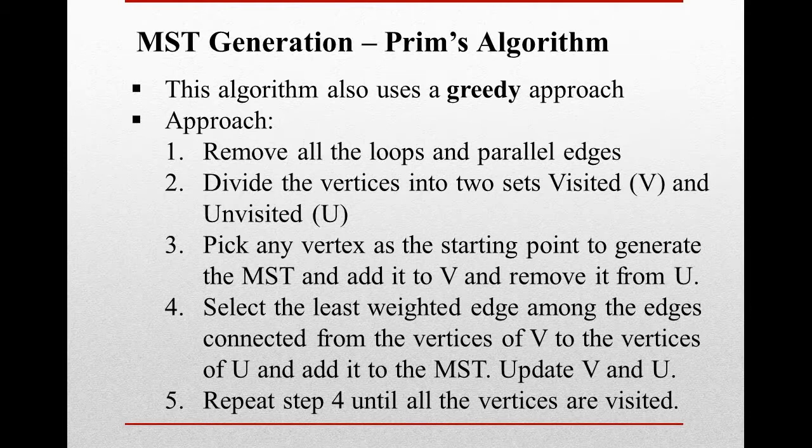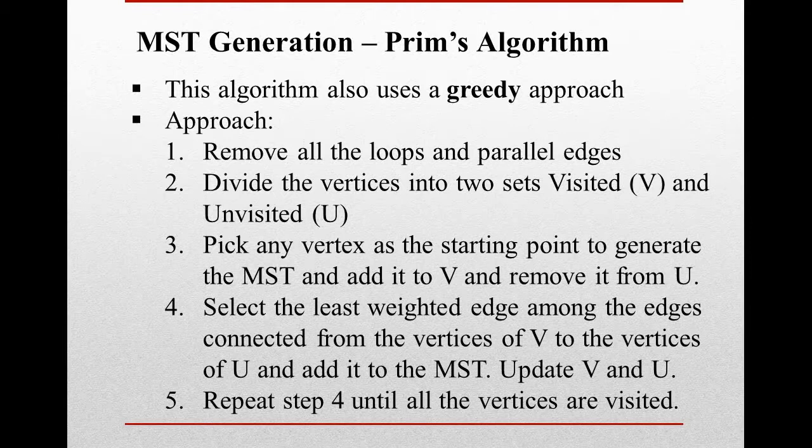The next step is to pick any arbitrary vertex. You can choose any of the vertices of the graph. You don't have to stick to one particular vertex. Any vertex as a starting point to generate the MST, and add it to the visited set V, because that particular vertex is already visited. You have chosen it to visit, so obviously you need to add it and you need to remove it from the unvisited set.